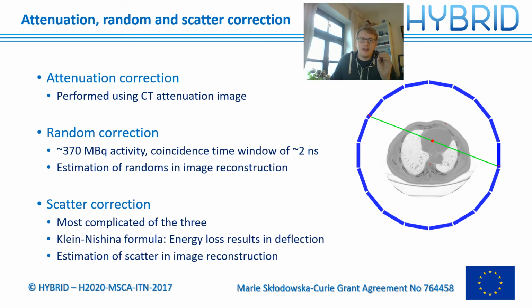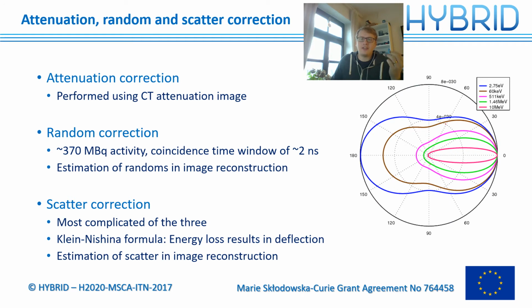And then there's also the scatter correction. This is the most complicated correction of those three. There's actually a formula giving you the energy loss at a specific deflection. So if a particle is coming in like this, in this direction, actually as my camera is mirrored, in this direction, then we have to look at this purple line here.